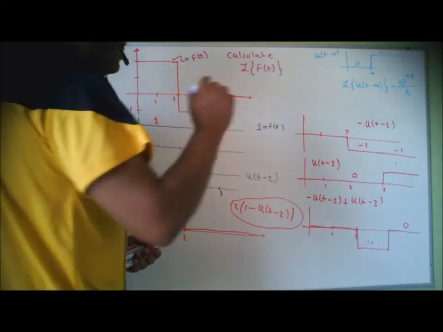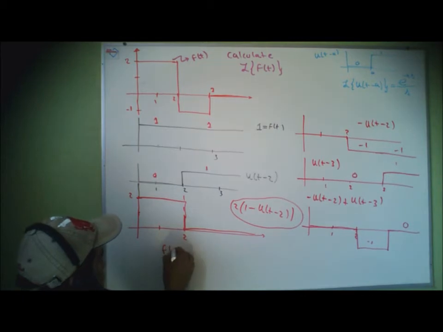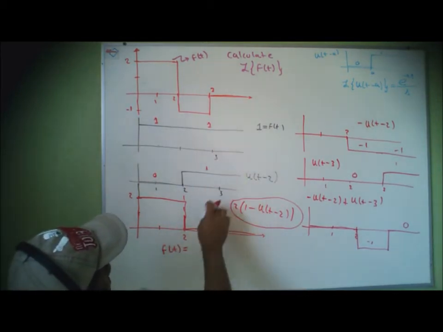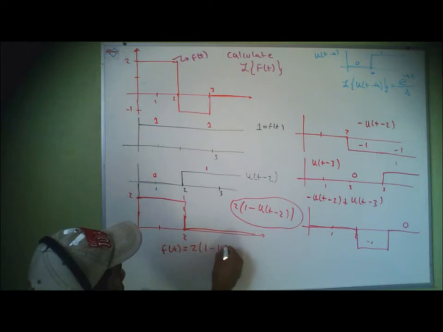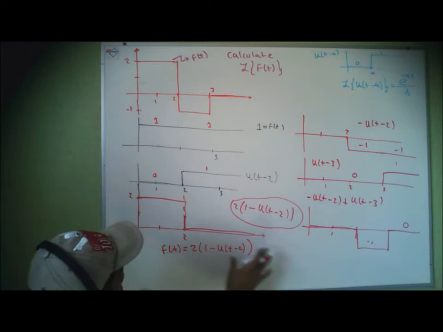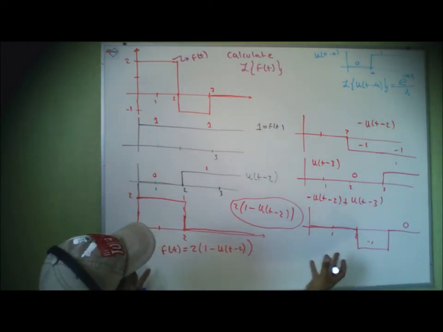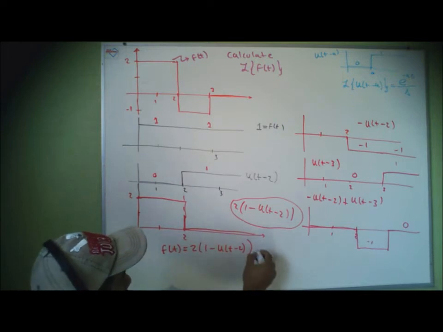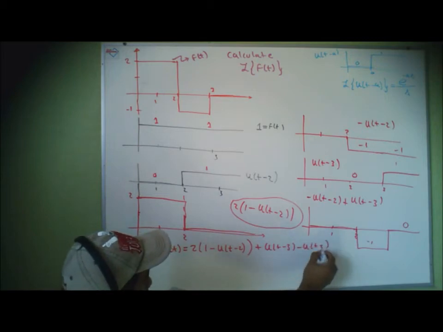Now, this function, I'm going to write as the combination of this and the combination of that. So it's going to be 2 times 1 minus u of t minus 2. So it's this part. It doesn't affect the rest because here is 0, so we can add together, and then plus u of t minus 3, and then minus u of t minus 2.